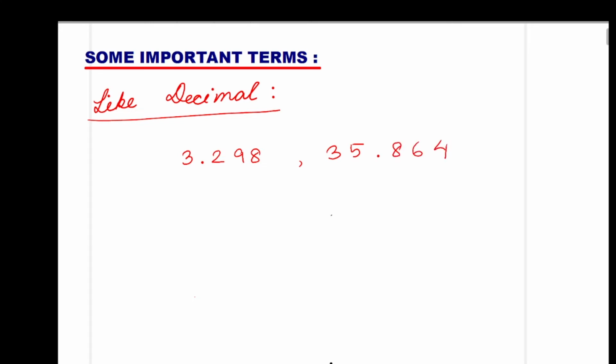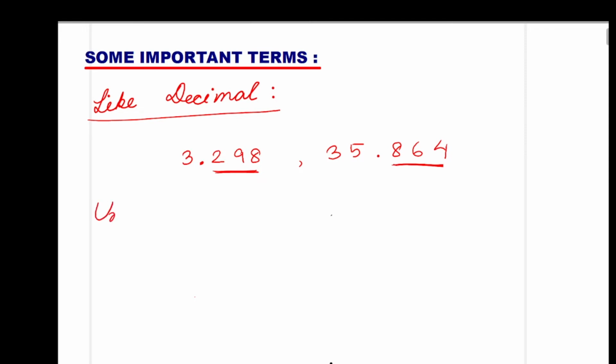Now see, after the point, how many digits are here? 3. Here after the point, how many digits? 3 digits. So decimals having the same number of decimal places are known as like decimals. That means after the point, if there is the same number of digits, here 3 digits and here 3 digits, then they are called like decimals.